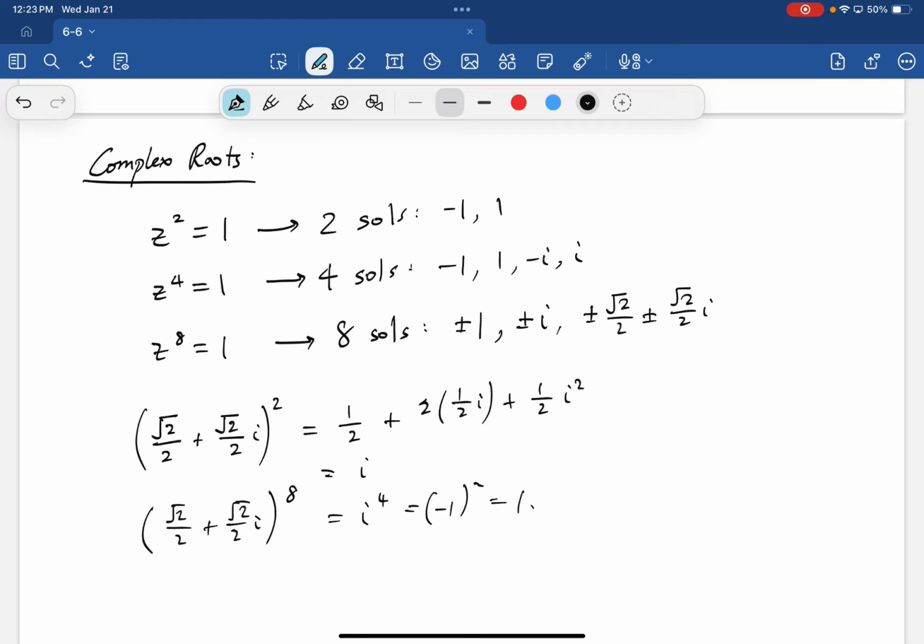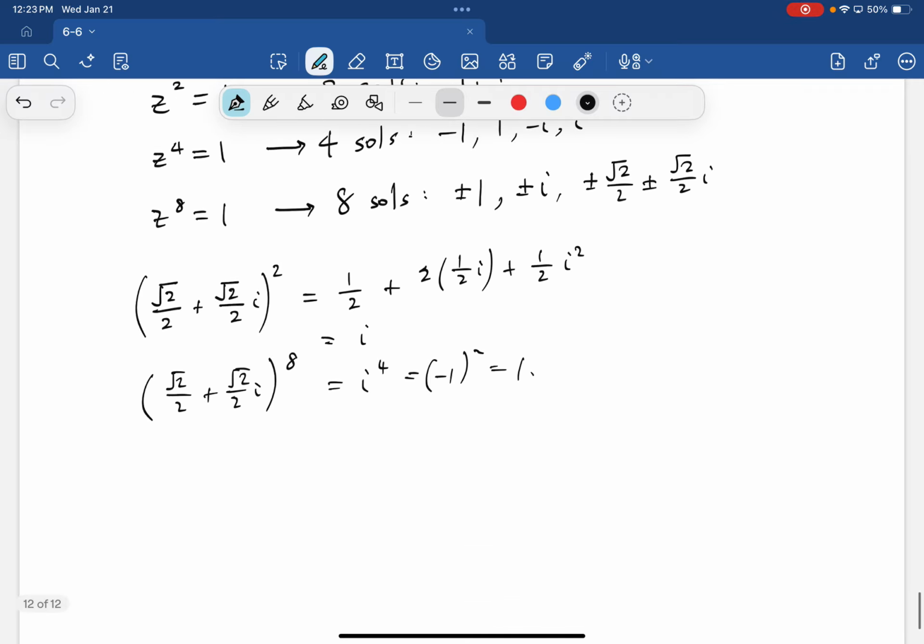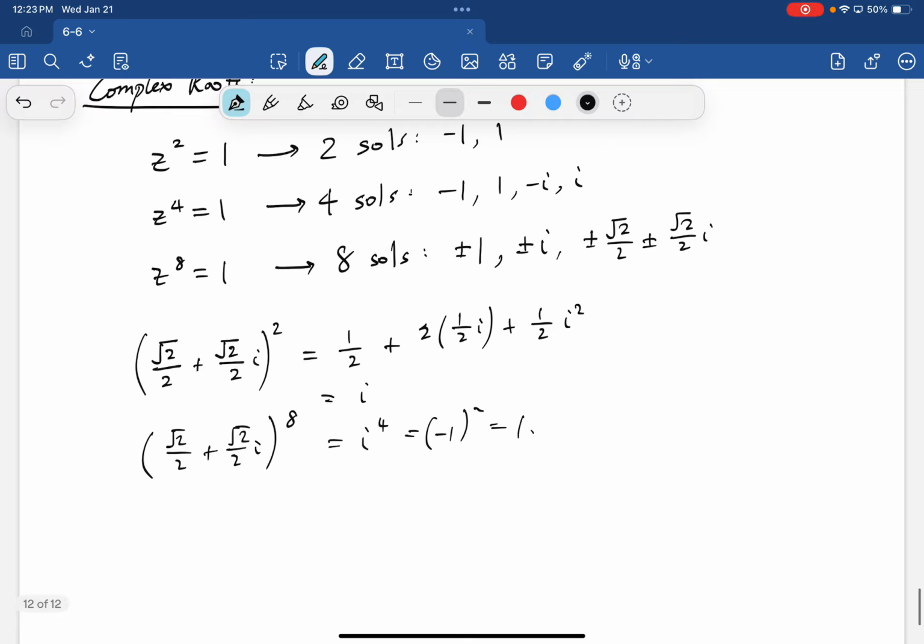So the question is, how did I come up with that solution in my head? We used Euler's formula again. It's all about Euler's formula. The general rule is anytime we have z to the power of n equal to literally any number, 1, 2, 3, 4, i, negative i, this will always have n solutions, whenever you have a power of z to the n equal to a constant.